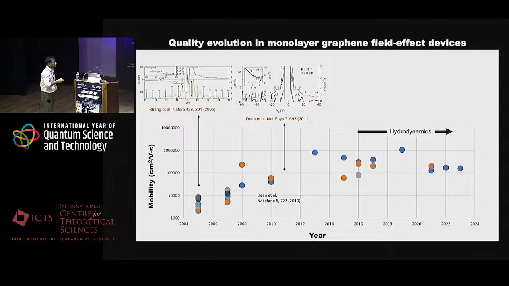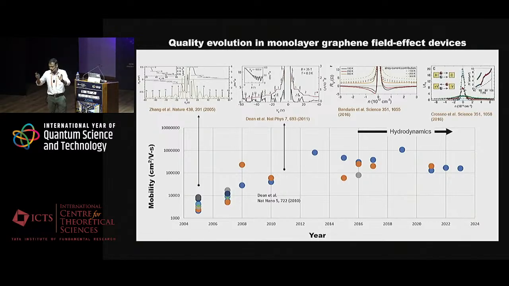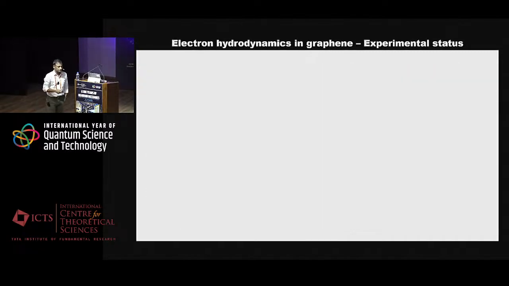But if you take a look since 2016, a lot of monolayer graphene research is essentially being governed by the looking for hydrodynamic behavior, because now we are in that regime where certain aspects of gauge gravity duality can be explored. Of course, there are twisted bilayer graphene and other topics, but pure monolayer graphene research has very strongly been in this area since 2016, 2017, 2018.